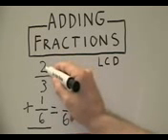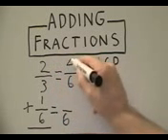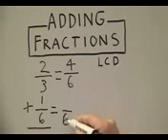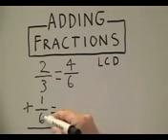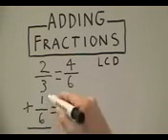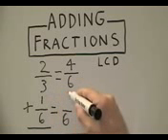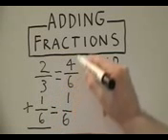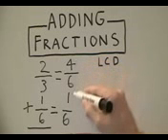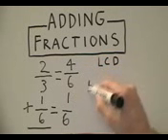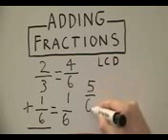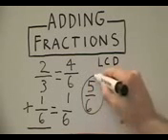We take that 2, multiply it by the 2 to get 4. We take 6 divided by 6 to get 1. Take that 1, multiply it by 1 to get 1. Now all we do is add our numerators, 4 and 1, to get 5/6, which is our final answer.